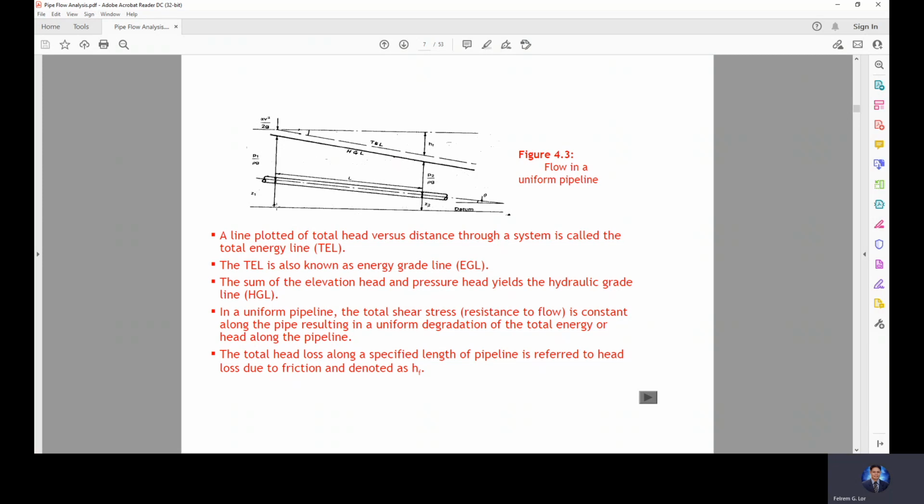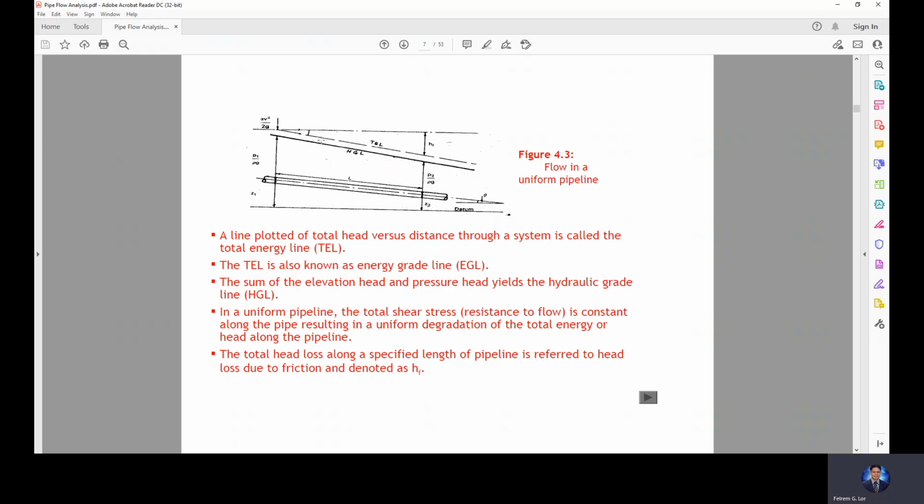Actually, if you sum up the elevation, pressure, and the velocity, it will yield the total energy line or the energy grade line. So this is the energy grade line.